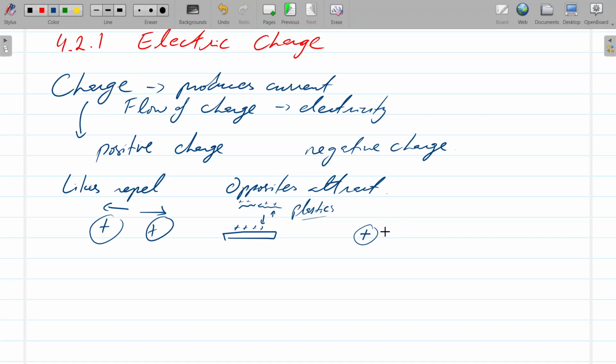So let's say the kid who had the blanket rubbed over his head developed a positive charge. The other kid comes in, and the charge flowed. And so there was a spark, meaning current. And so he felt a very, very minor, isolated electric shock.